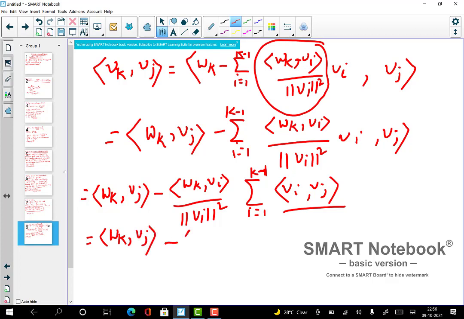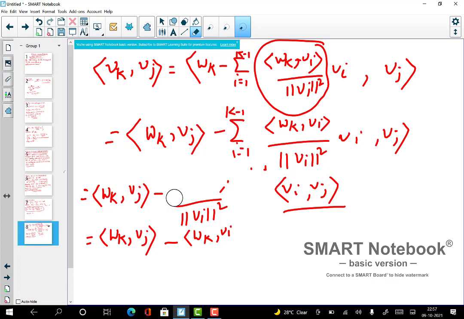Here I will have Wk comma, or rather no, I think we cannot. Sorry. You cannot take this sum outside because i is also running, right? So I rather write down what happens when i equal to j from here on.